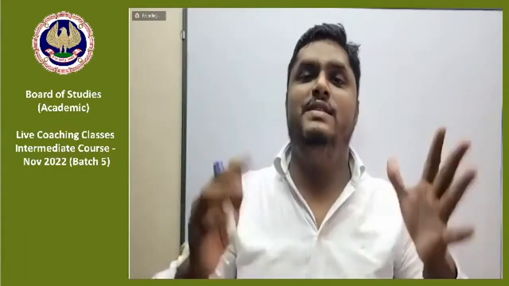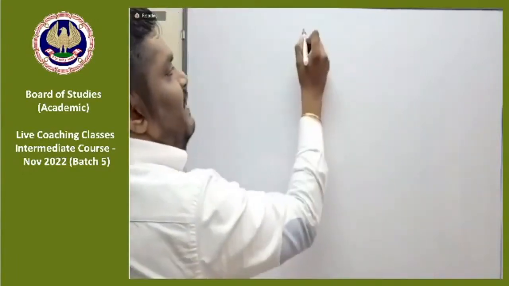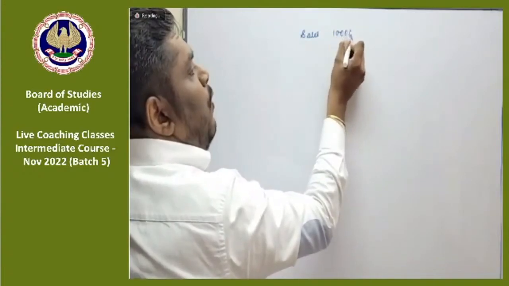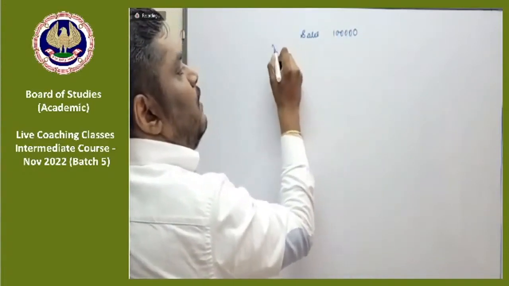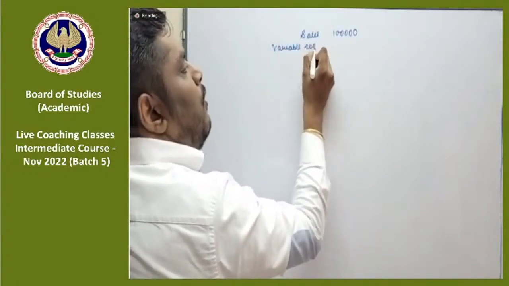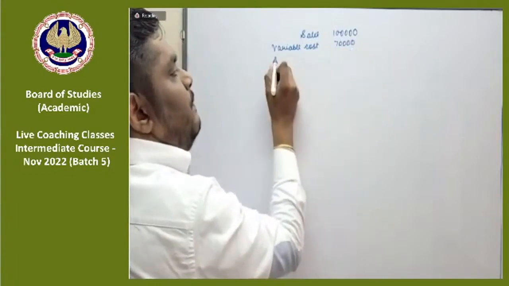So guys, let's start with the most easiest question of the chapter. Let's say my sales is 1 lakh. My variable cost is 70,000.